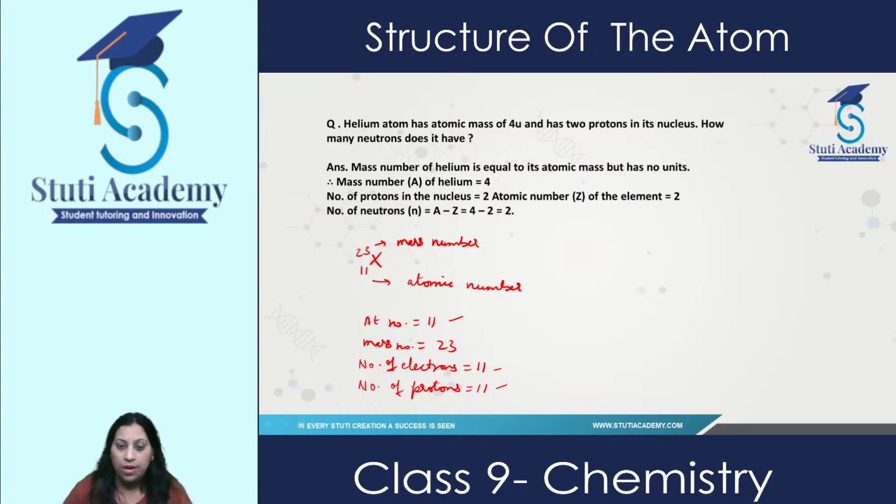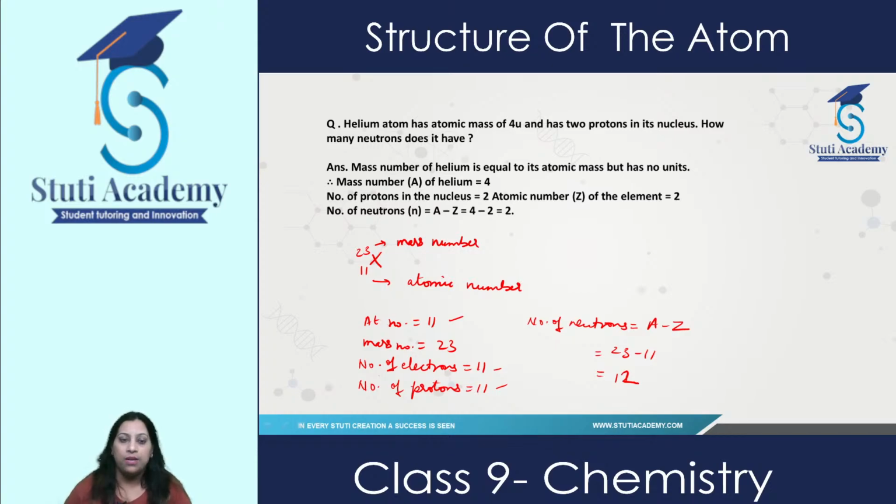Then we have number of neutrons. Now with the help of formula, we can easily find out number of neutrons. Mass number is 23 and atomic number is 11. Answer is 12. So it has 12 number of neutrons.